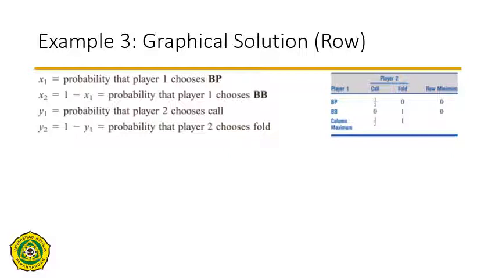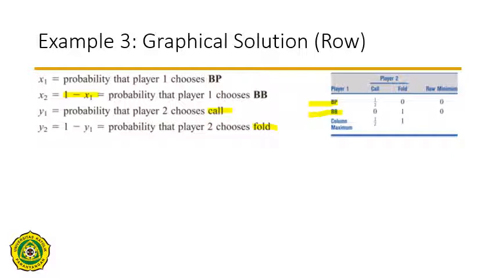X1 is the probability that player 1 will play the strategy BP, and X2 is the probability that player 1 will play the strategy BB, and X2 equals 1 minus X1. For player 2, we define the variable Y1 to be the probability that player 2 chooses call, and Y2 is the probability player 2 chooses fold.